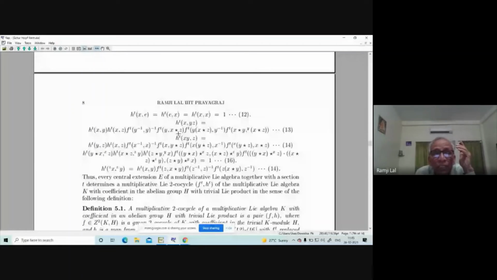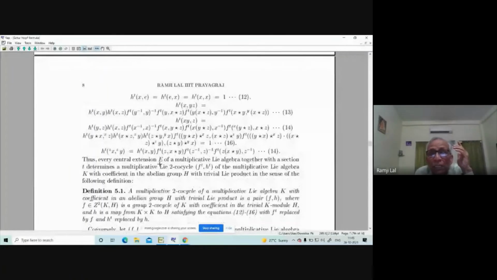Thus, every central extension E of a multiplicative Lie algebra with a section T determines a multiplicative 2 cocycle (FT, HT) of the multiplicative Lie algebra K with coefficient in the abelian group H with a trivial Lie product, in the sense of the following definition.